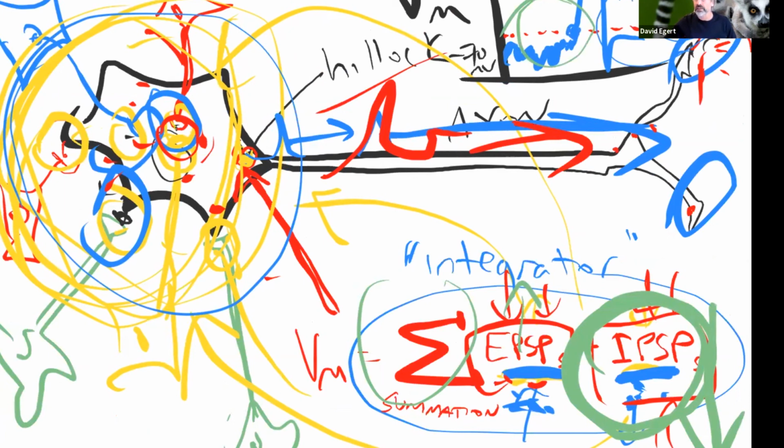So your whole brain just becomes less excitable. All the neurons are a lot trickier to push over threshold because you're increasing the amount of IPSPs by taking a benzodiazepine. Does that make sense?